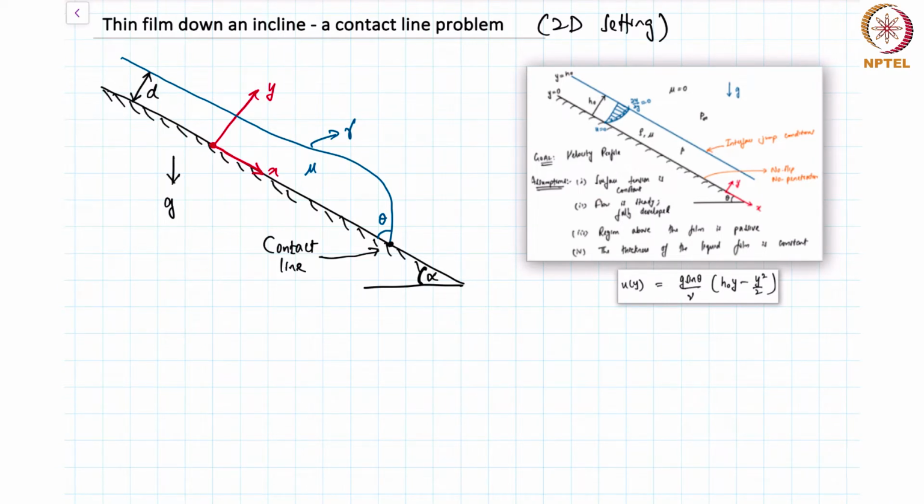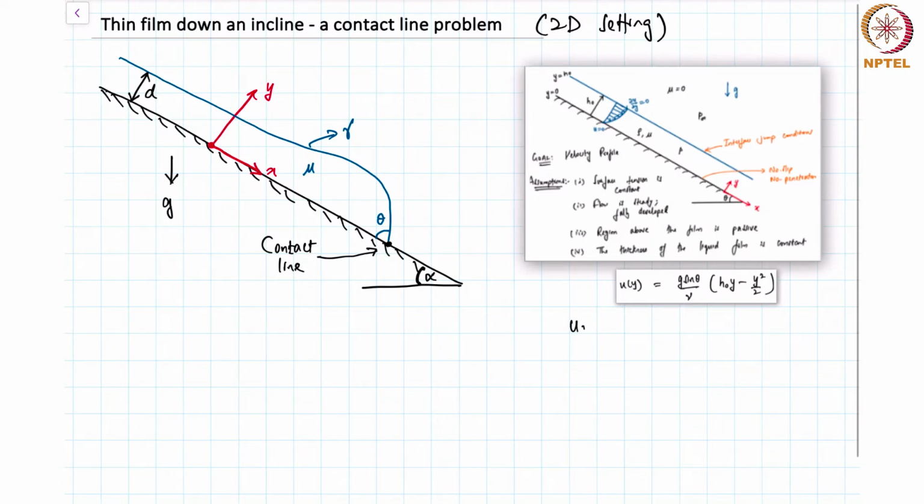So let us begin by looking at a uniform film down an incline as an example. Here we had calculated a few weeks ago that the velocity profile has a half parabolic shape. And if we calculate the average velocity for that profile, the average velocity was simply 1 by h naught, integral 0 to h naught, u of y dy.